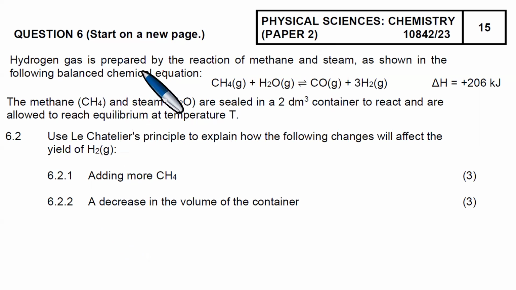Hydrogen gas is prepared by the reaction of methane and steam. This is a chemical equation. In this chemical equation, what are we preparing? We are preparing hydrogen gas. So now, to produce hydrogen gas, we conduct a chemical reaction of methane and steam, as shown in the following balanced chemical equation.